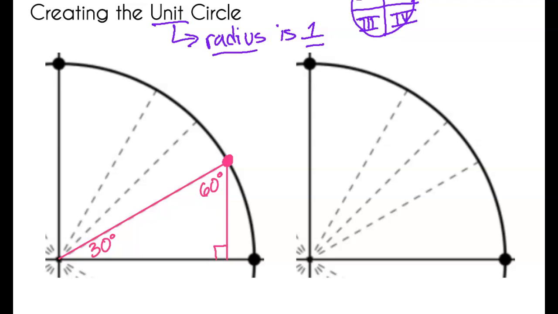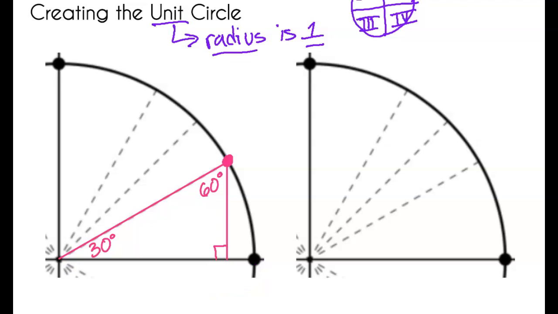Okay, so where can we put a 1 on this triangle then? Length of, oh, well, so we know that this is 1, right? But that's not on our right triangle. We're trying to put one more value on the right triangle.